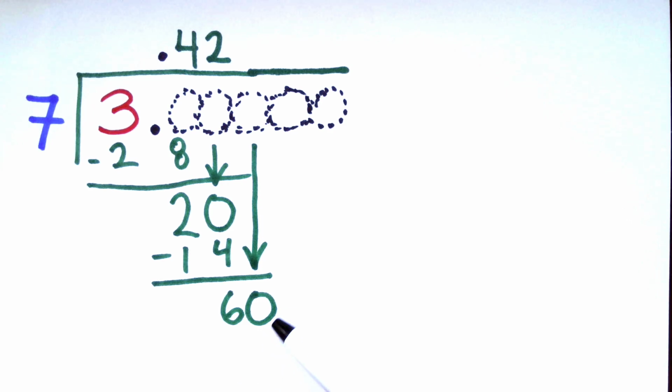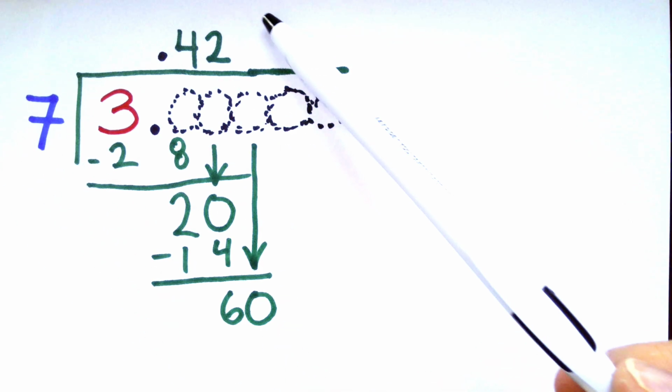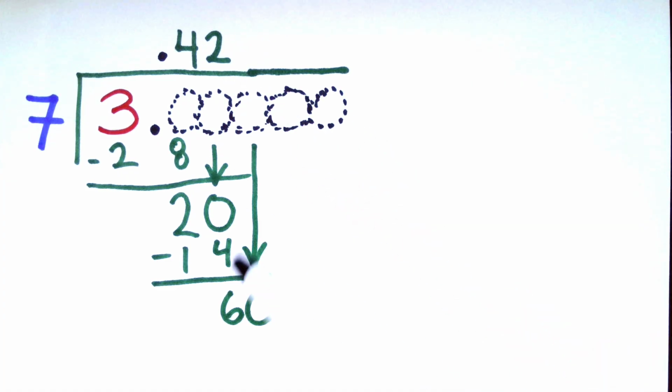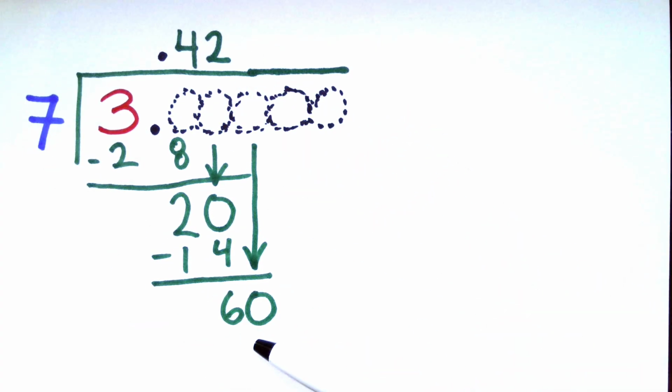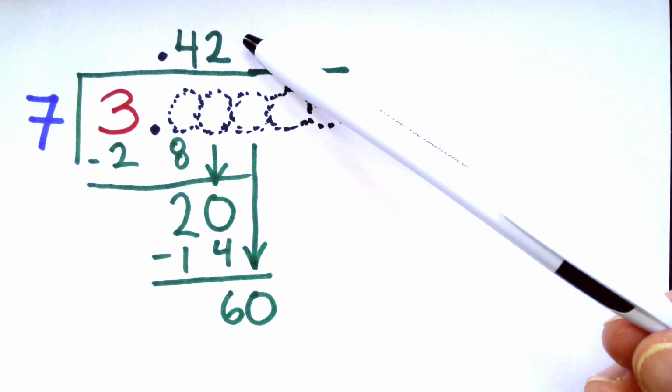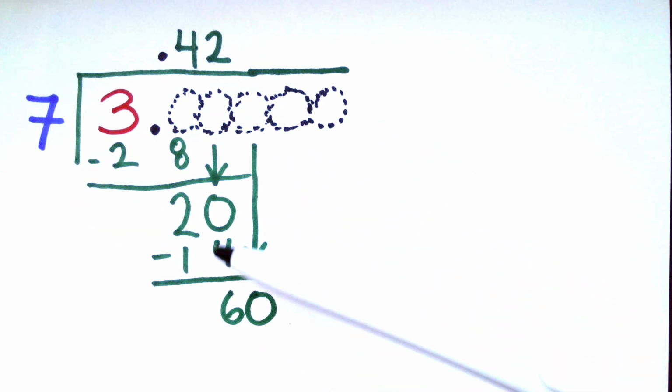Now I ask myself another question. 7 times what number gets me closest to 60 without going over? Well, let's start with something easy. 7 times 5 is 35. Not close to 60 yet. 7 times 7 is what? 49? I'm a little closer. 7 times 8 would give me 56.